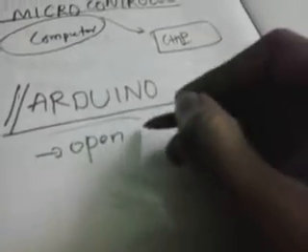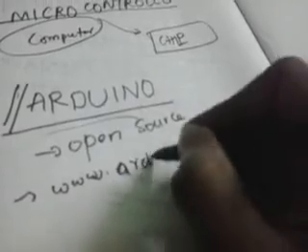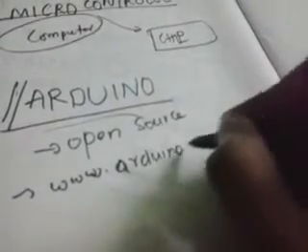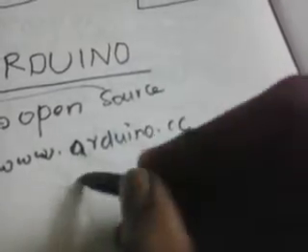It is open source. You can download the software from www.arduino.cc. It is open source software available in the market. You can just download it and run this application.